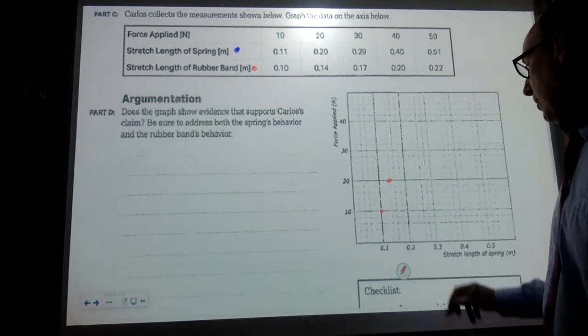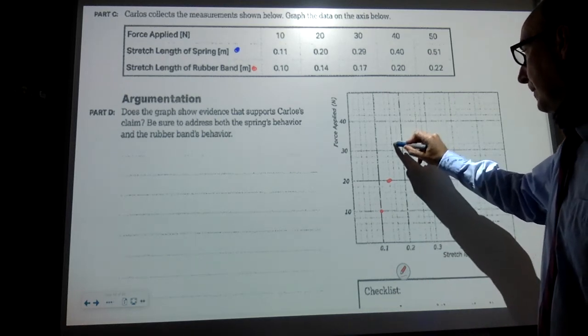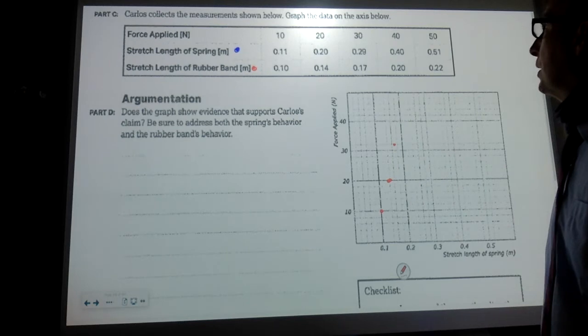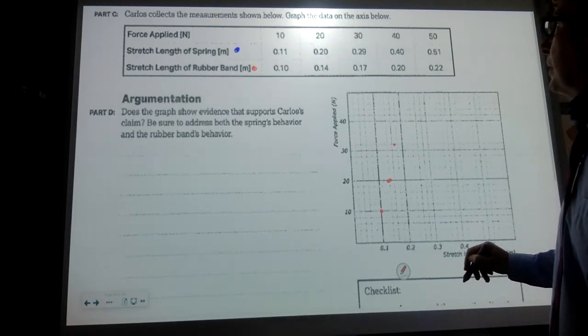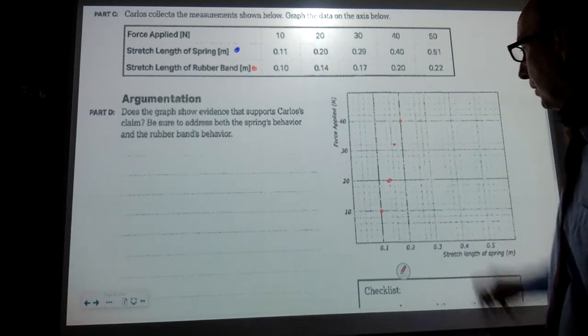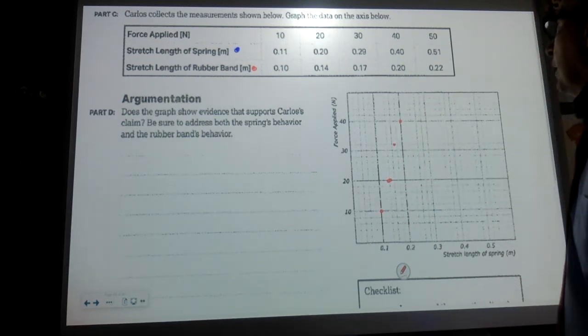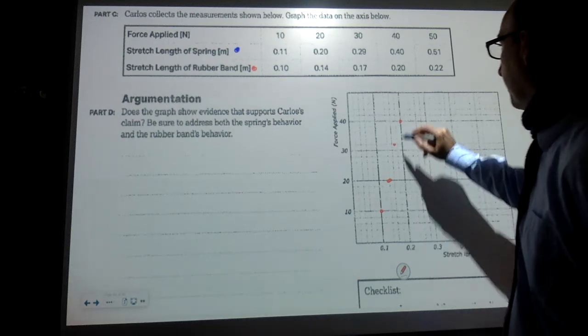For 30, it's 0.17. For 40, it's 0.2. And for 50, it's 0.22.